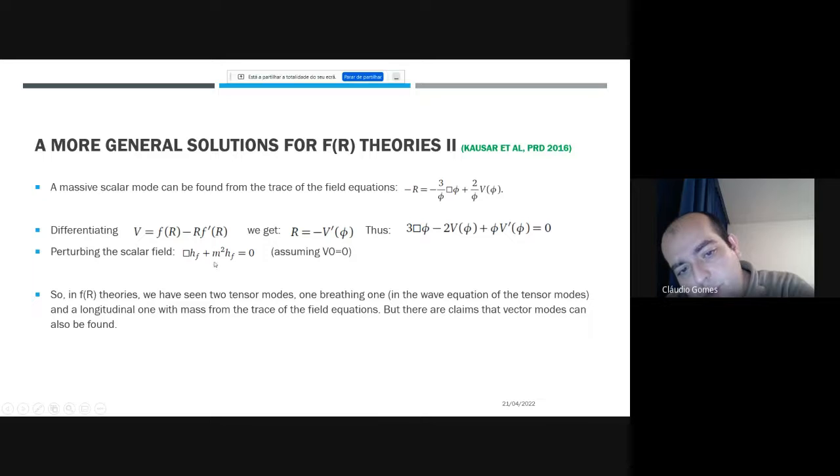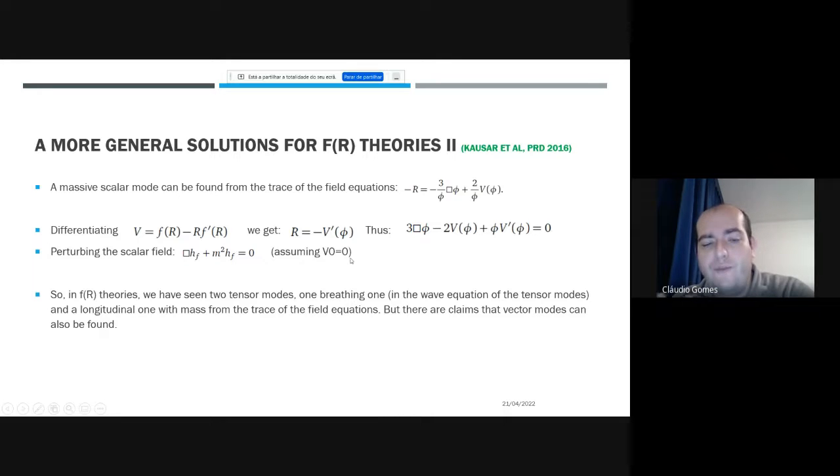And this wave equation expresses a longitudinal scalar mode. So you see, we have counted so far 2 tensor modes, one breathing one in the wave equation of the tensor modes, and the longitudinal one from the mass of the trace of the field equations.